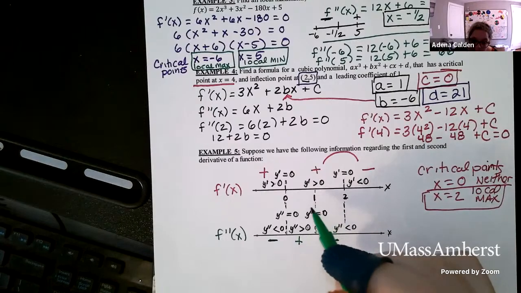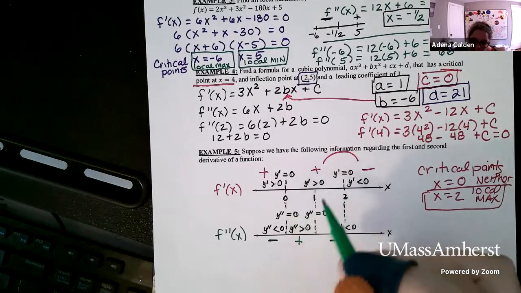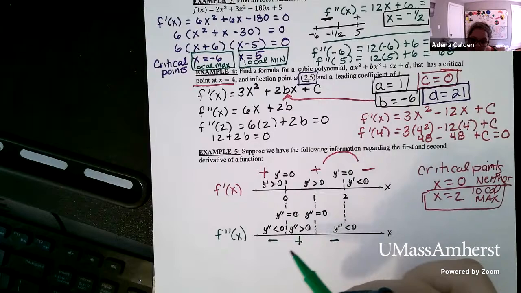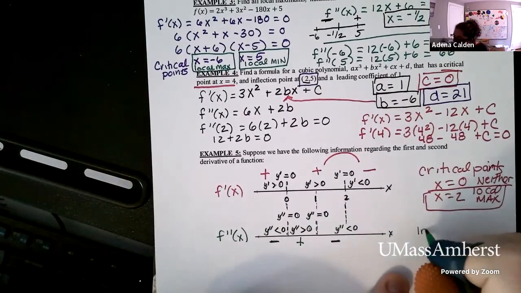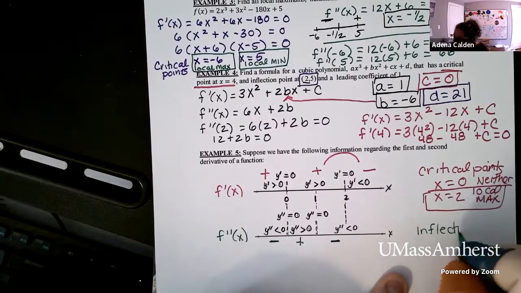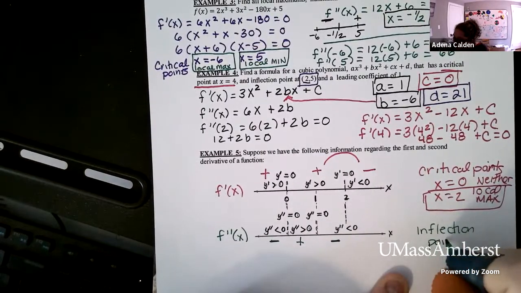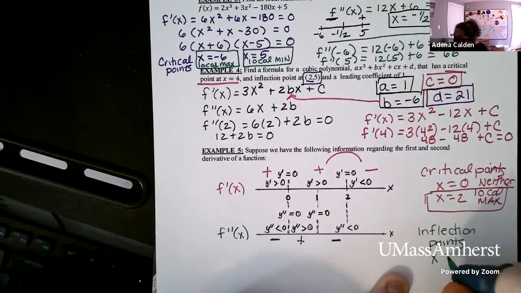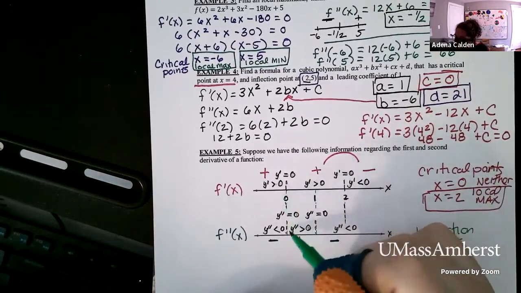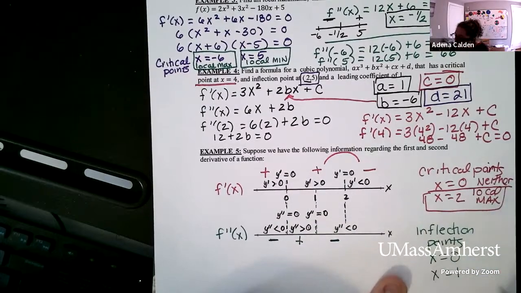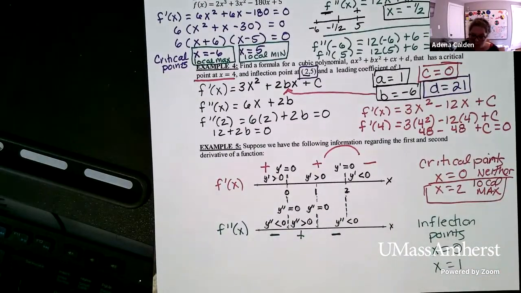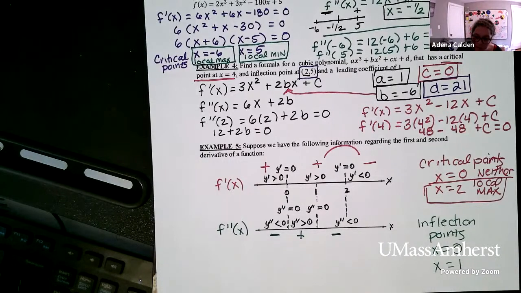So in both instances, at 0 and at 1, the sign of the second derivative changes, which means we have inflection points at both 0 and 1. So we have inflection points at 0 and 1, and a local maximum at x equals 2.